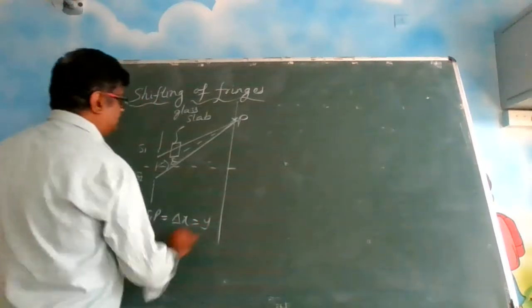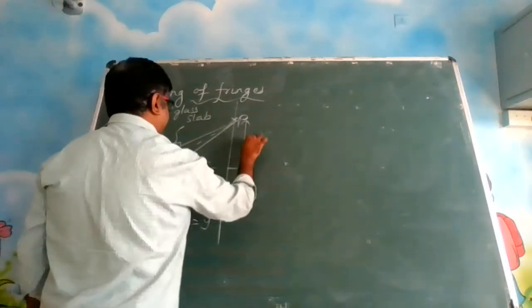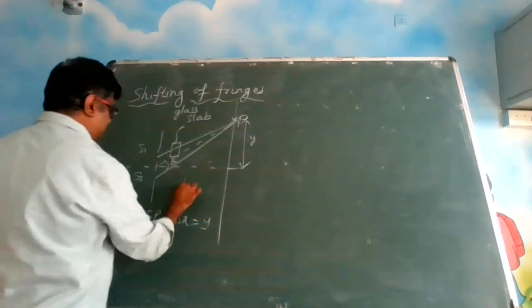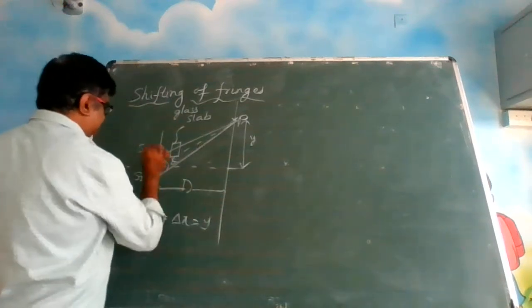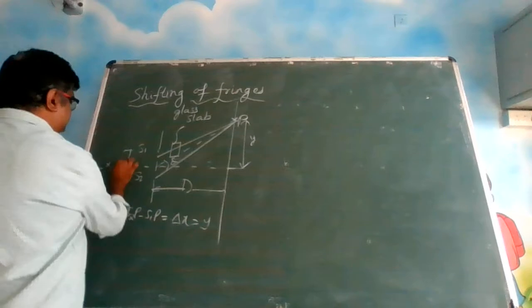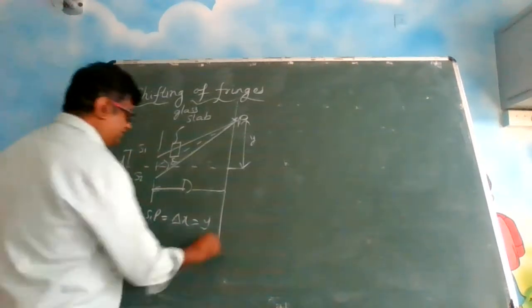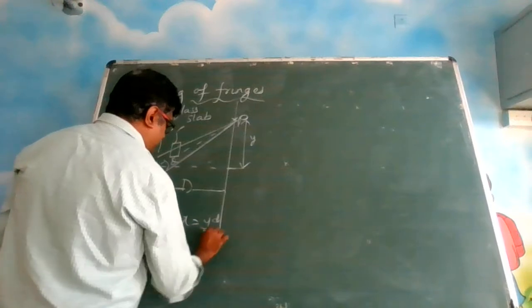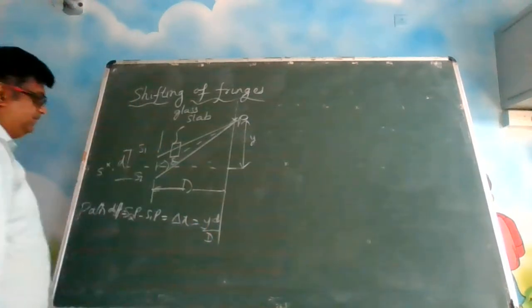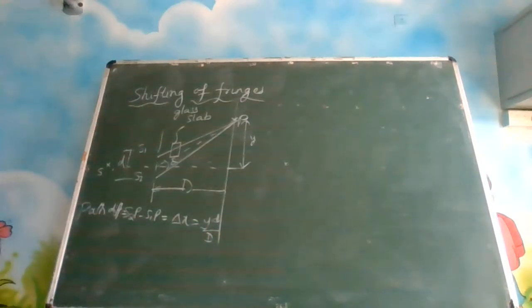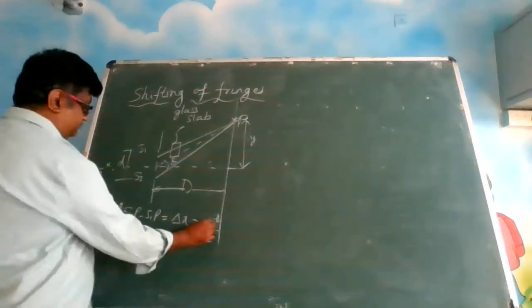Let us say this is my Y, this is my D, and this slit gap is small d. So how much is it? It is Y into small d by capital D. This is the expression we have derived earlier.